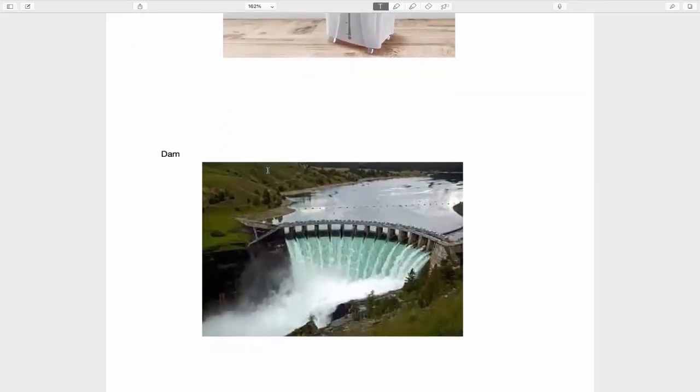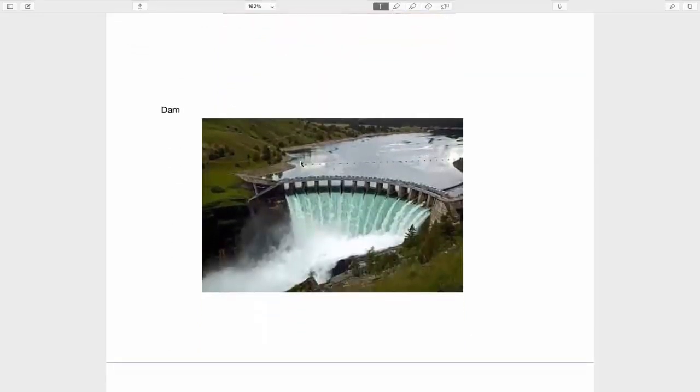Another example is a dam, where you see a liquid flowing at a very high speed. On one side, the height of the fluid compared to the other side is very high.